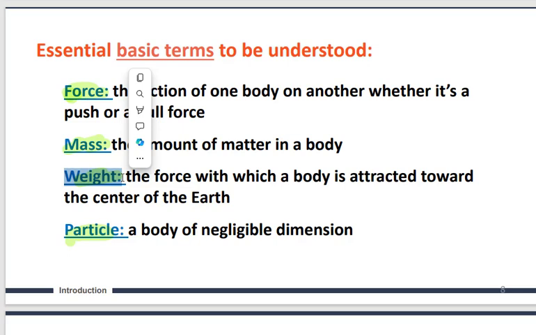In terms of equation, mass in kilograms times gravity. Gravity is 9.81. If you multiply these, you will get the weight of the object. The unit for weight is Newton, the same as force. This is the force applied towards the center of the earth, because of gravity. Understood? A particle is a body of negligible dimension, a small particle which you cannot see.